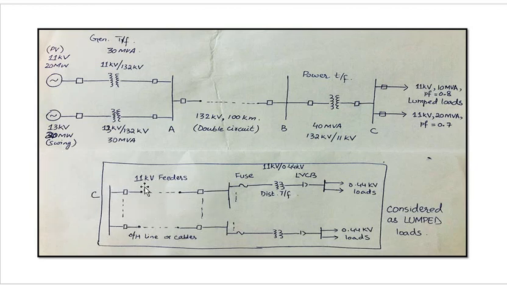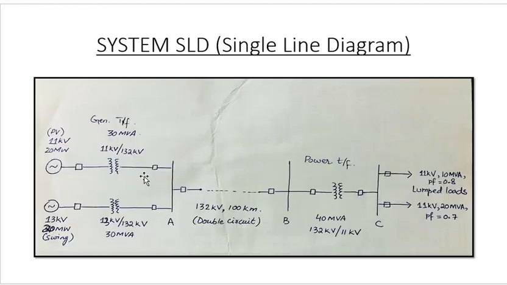Like we have 11 kV feeders originating, and then we have either overhead line or distribution cables. And then we have the distribution transformers, which convert 11 kV voltage into household use voltage, that is 440 volts or 0.44 kV, and then we have the 0.44 kilovolt loads. But we have considered this whole portion as lumped loads in our single line diagram.